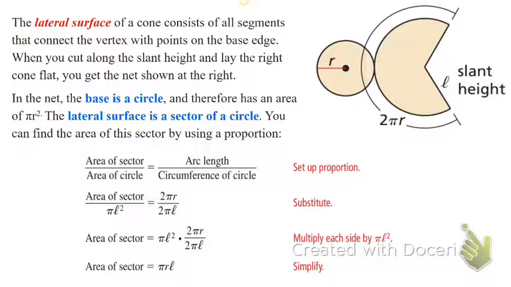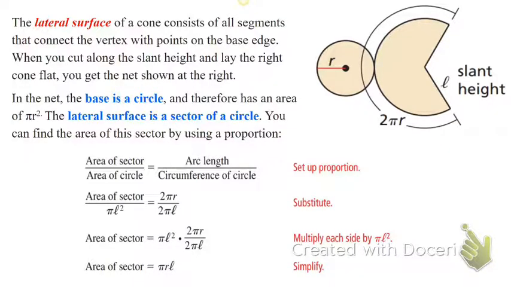And since it's a sector, we're going to treat it like we do sectors. We know that if we can figure out what fraction of the whole circle that particular sector is, we'll be able to figure out what the area of that sector is. We know that it will be a part of the circle. So on the left-hand side of this equation, we set up a proportion.